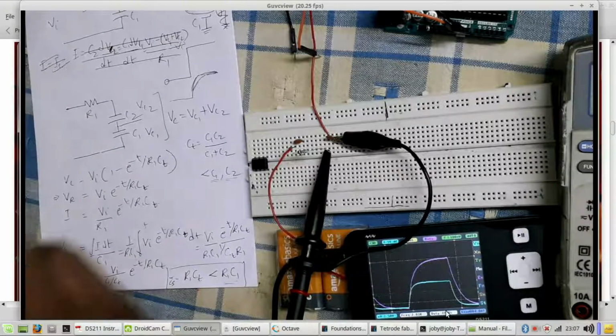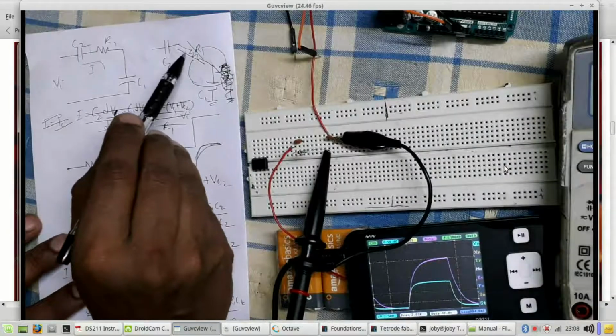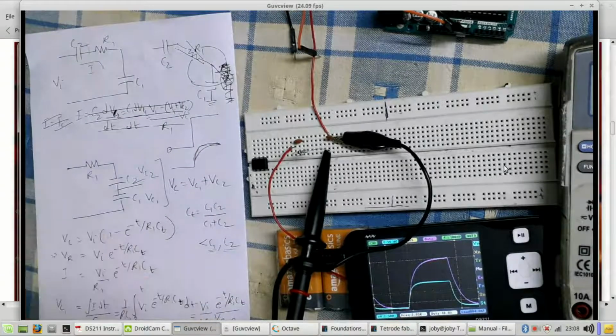Of course, in an actual amplifier, for example, this is the interface for one of the amplifiers, and you can see something called pipette capacitance neutralization, which works on the same principle but for neutralizing the capacitance across the pipette glass, from inside the pipette to the outside of it. That is where capacitance neutralization works, for neutralizing this capacitance across the electrode.